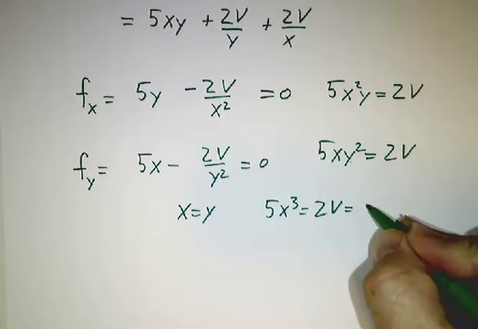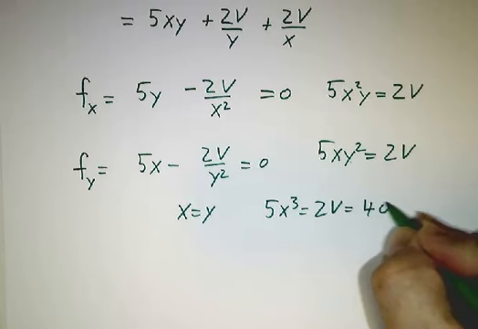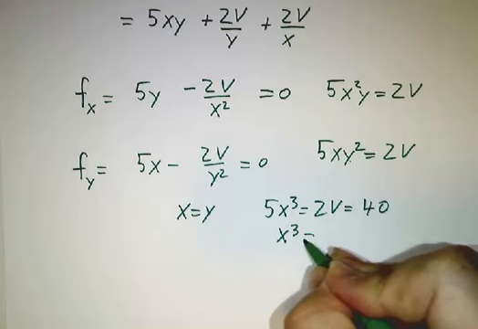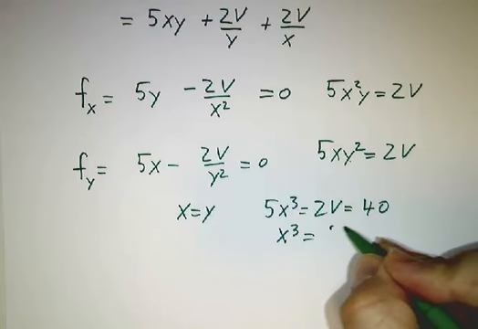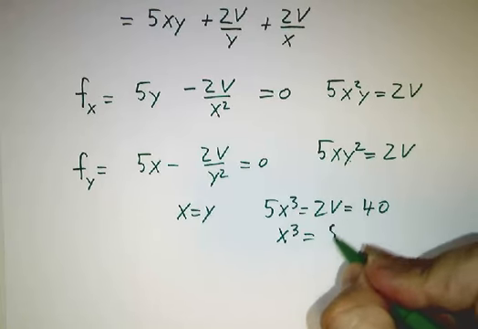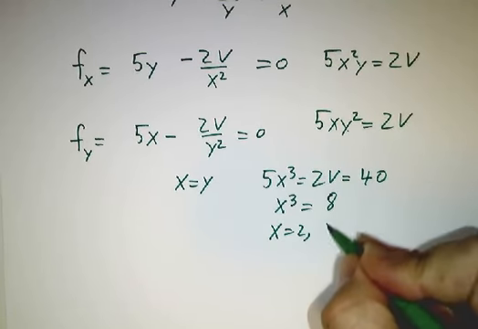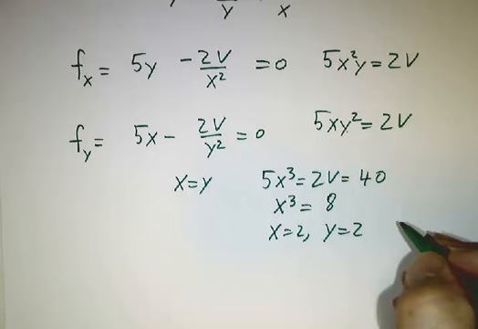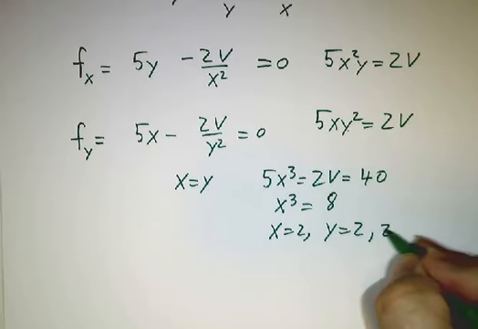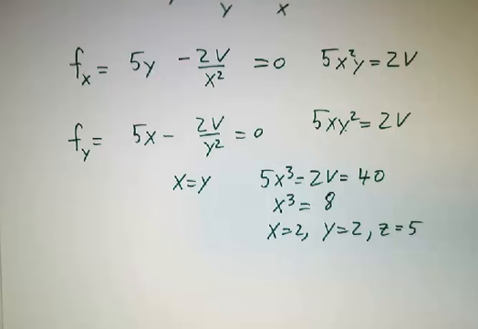And in this case, the volume was 20, so that's 40. So x cubed is equal to 8. So x is 2, and y is 2, and z is 5. So those are the dimensions of our best aquarium that will minimize our cost.